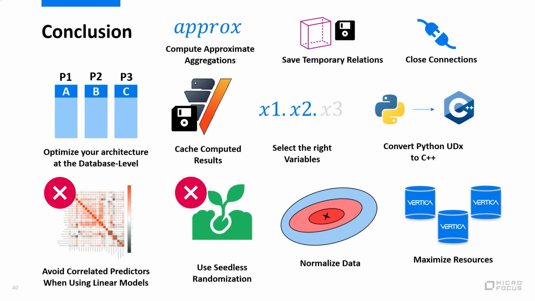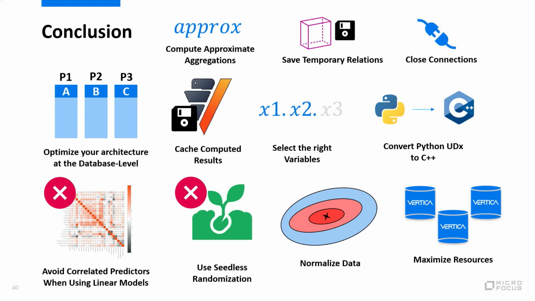It's better to not use too many variables in your machine learning model. It's better to of course compute approximate aggregations rather than the exact ones. So you have many things that you can do in order to optimize, and you can reach really high performance by just achieving a few of them.